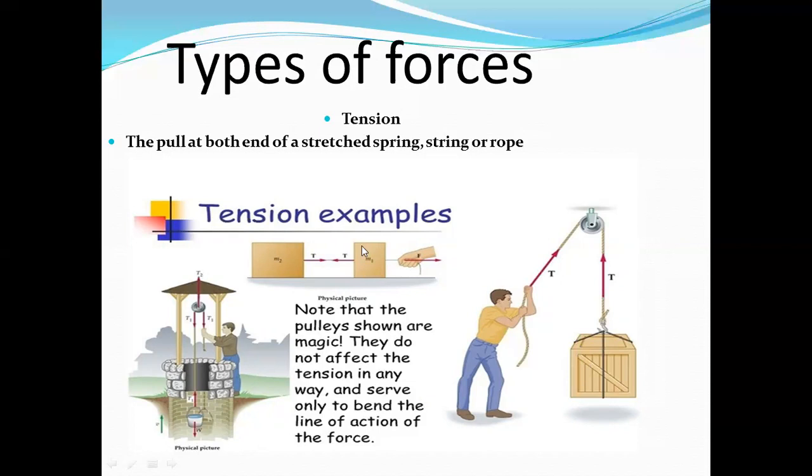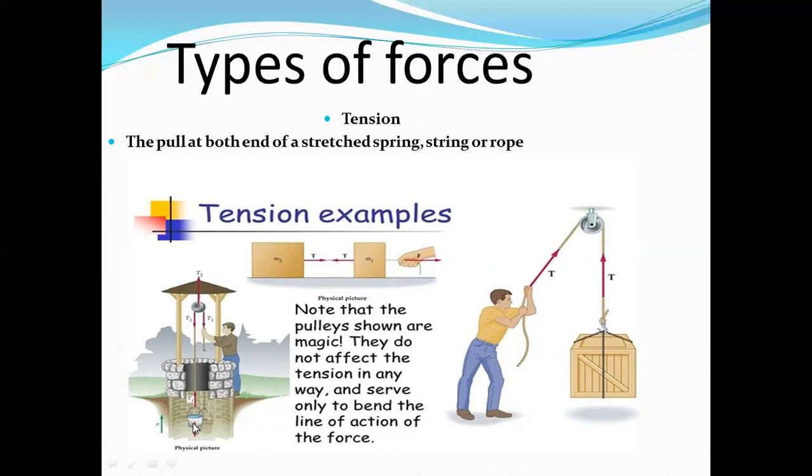Over here, a box is being moved towards right with the help of a string. So the forward force, the pulling force applied by the hand, is acting towards right, in the forward direction. Tension will act on the string in the backward direction.